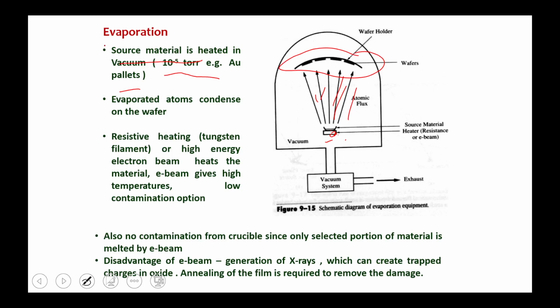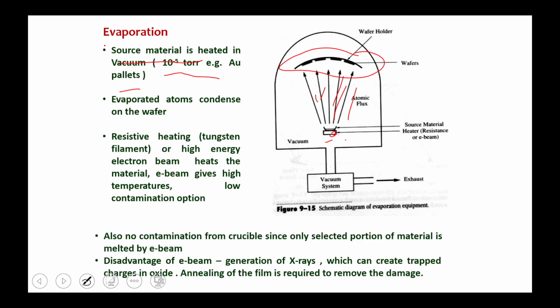Why can't we just use an E-beam instead of thermal evaporation? When using thermal evaporation, when the material to be heated has a very high temperature, at that time we use E-beam, right?